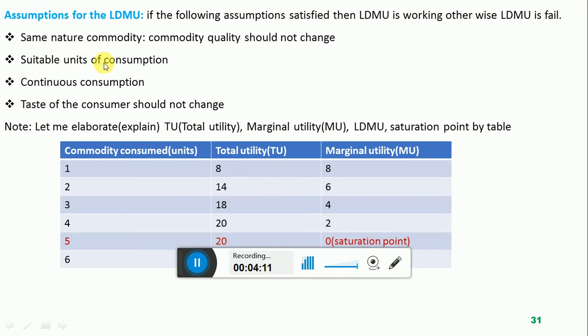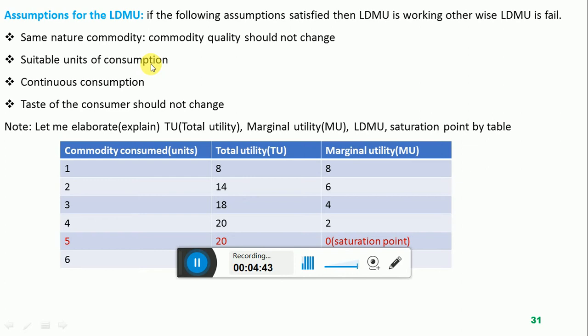The second assumption for the applicability of the law of diminishing marginal utility is suitable units of consumption. The consumer has to consume suitable units, then the law is true. Every next unit will provide less utility. For example, to drink water, the suitable unit is a glass. If the consumer consumes the first glass it will provide more utility, the second will provide less than the first, the third will provide less than the second, and so on.